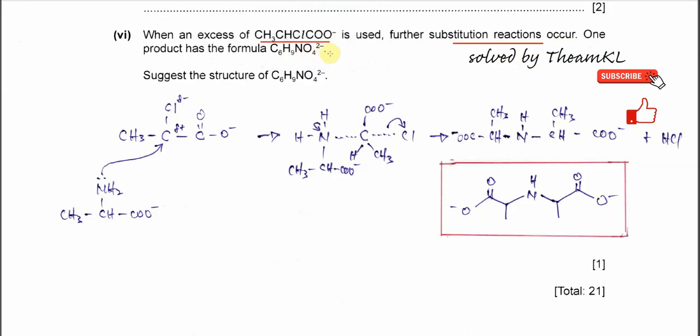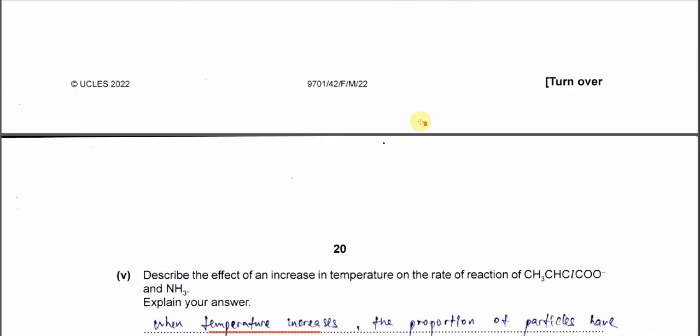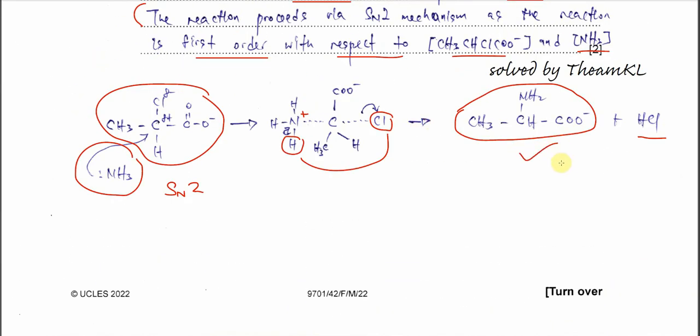So this formula is given, and you need to suggest the structure. First, the key is excess of this carboxylate. Because it says further substitution, we need to use the product from the previous step. What is the product? This one.